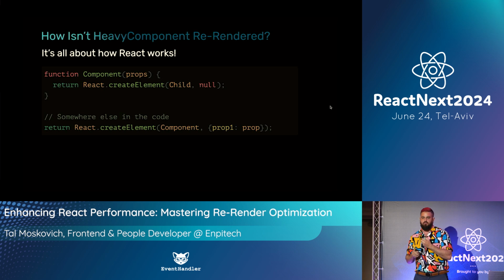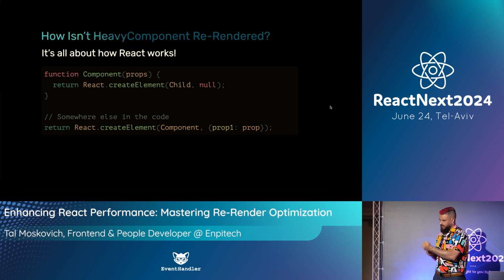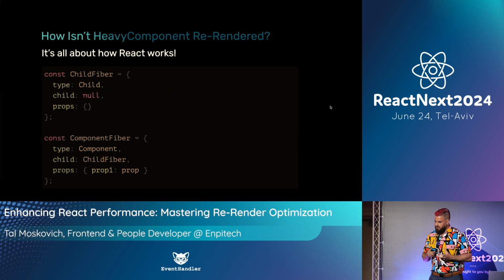What does React.createElement actually do? It creates a special object that's called a fiber node. Okay? That's a simplified version of the real fiber nodes. And the fiber node has a lot of attributes that describe the rendering of this component.